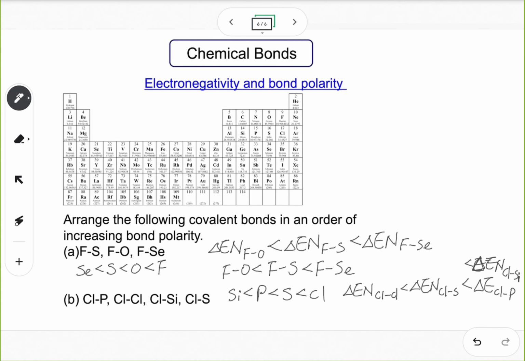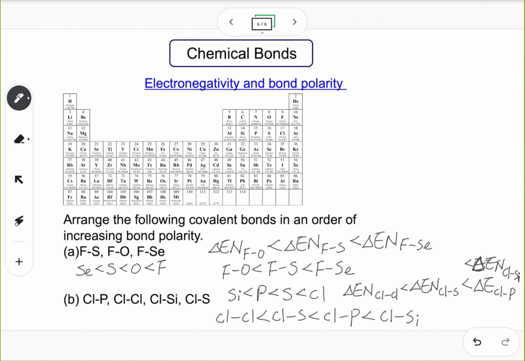And then based on the delta EN order, we can decide the bond polarity. The chlorine-chlorine bond is essentially nonpolar, right? So it's less polar than the chlorine-sulfur bond, less polar than the chlorine-phosphorus bond, less than the chlorine-silicon bond.